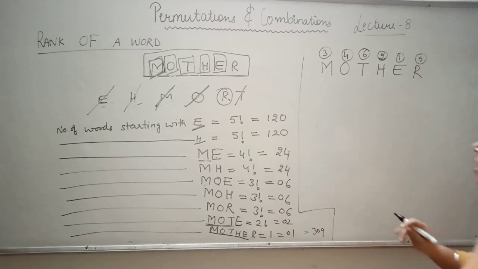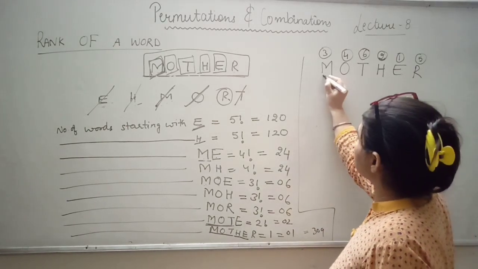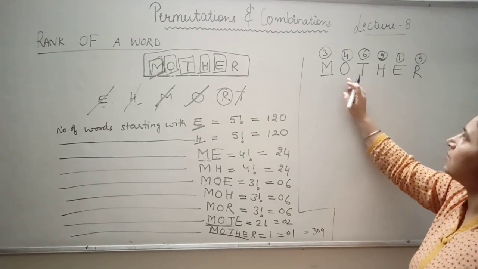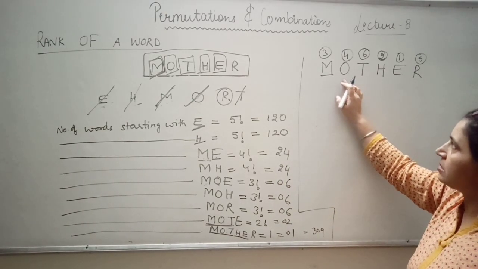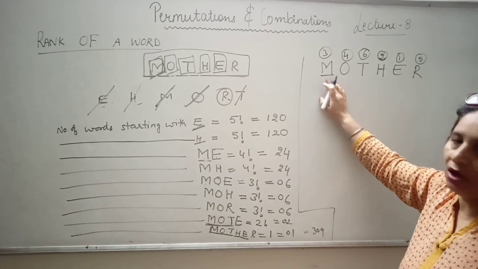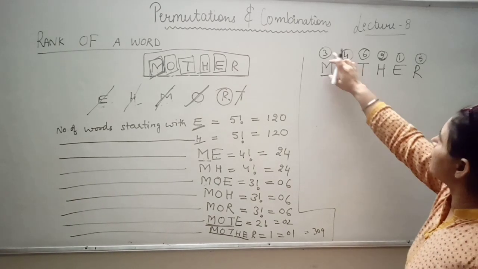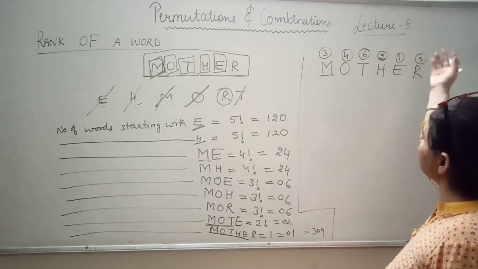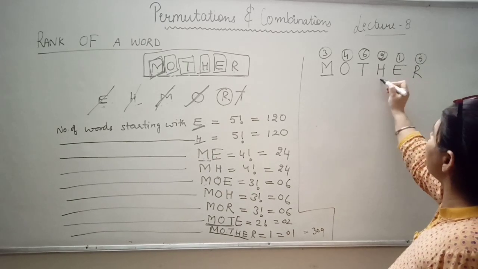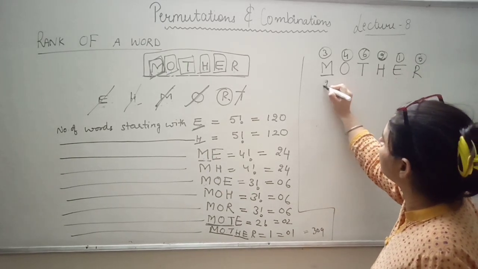Now first of all, I will take this M, and I will see the number of letters which come before this M in the alphabetical order. So in the alphabetical order, how many letters are at positions less than third? The second and the first, so these two are coming, so I will write down here 2.